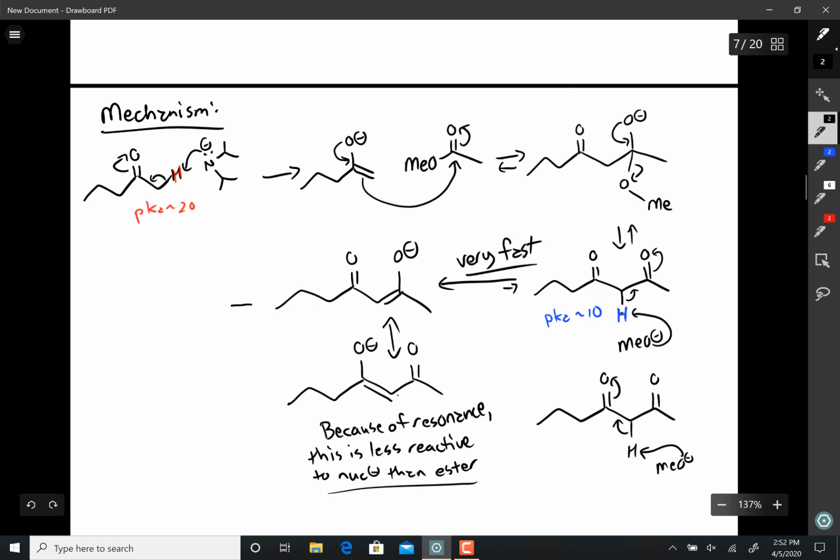And then this waits around to add the H3O+, and you protonate, and you get the dicarbonyl.